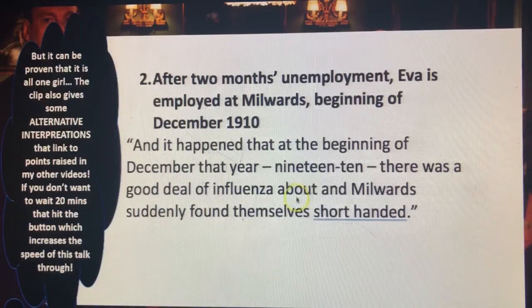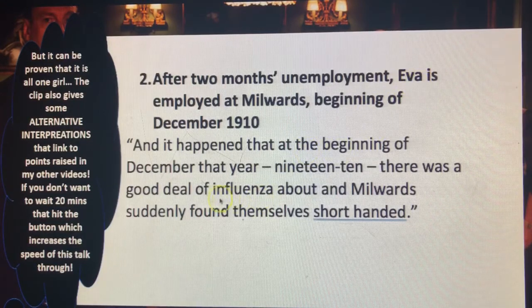Number 1, your job was not protected if you got the flu. So if you got the flu and you were unable to work for a month, you could very easily get sacked. You didn't have proper employment rights. And that's something that Priestley is campaigning about. But it also hints at something much worse than that, and that is the life expectancy of workers.